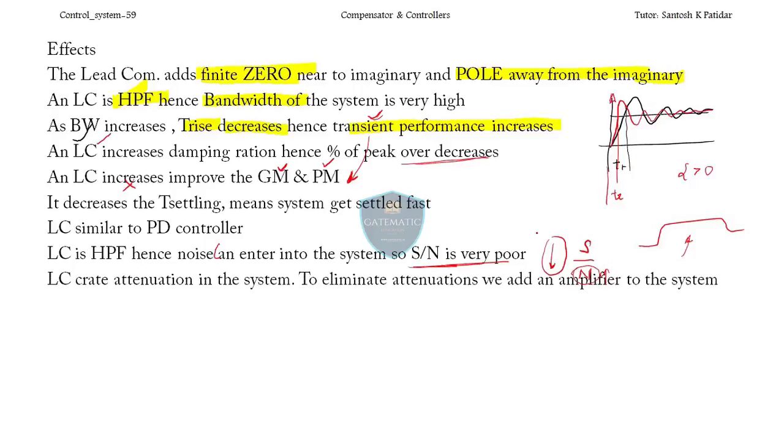The very next point is the lead compensator creates attenuation in the system. To eliminate the attenuation, we add an amplifier to the system. When we developed the transfer function, we were getting some alpha quantity outside of the magnitude, that is nothing but the attenuation.